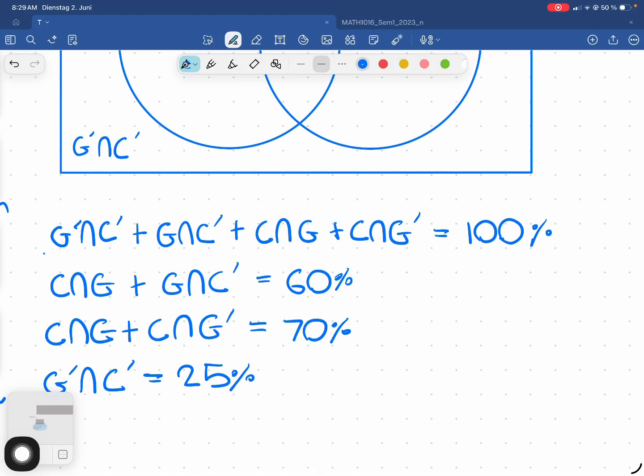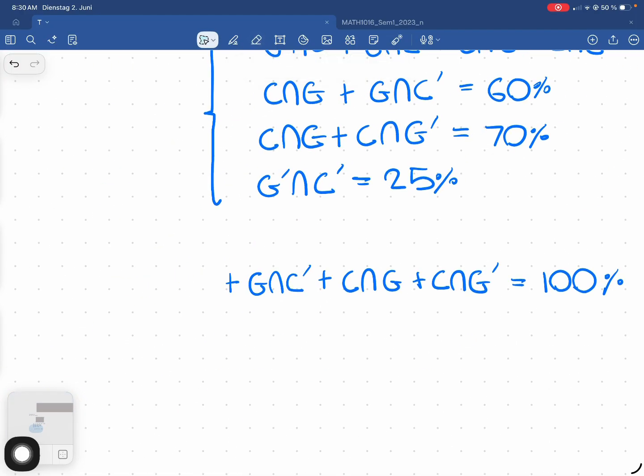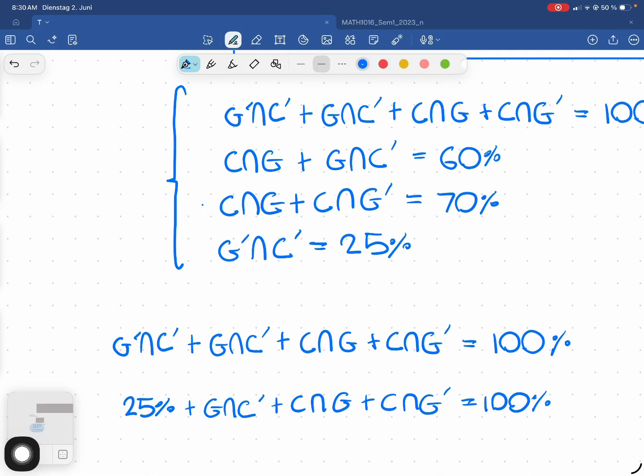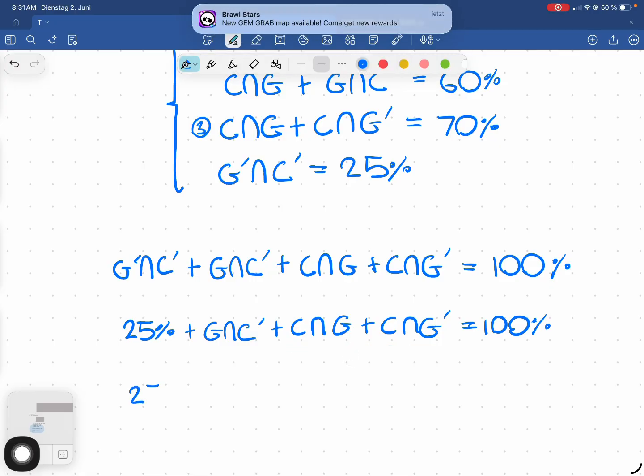Let's focus on the first equation here. We can replace this by 25%. And here we can use this equation here. C and G plus C and not G is equal to 70%.